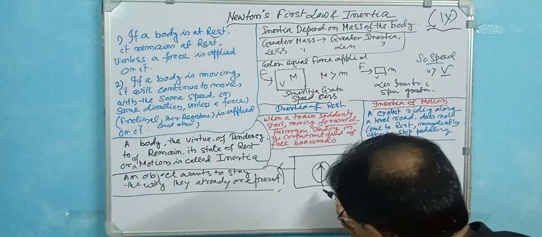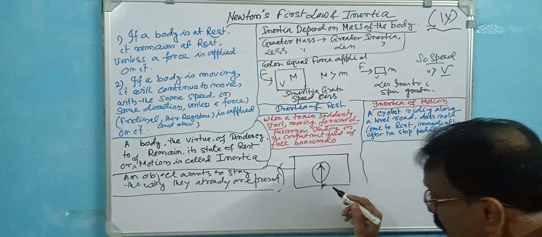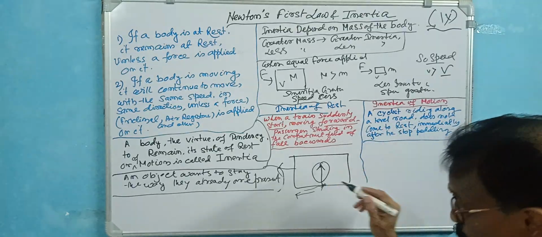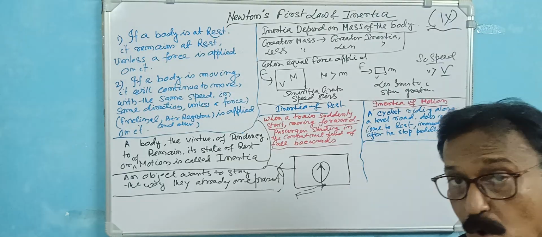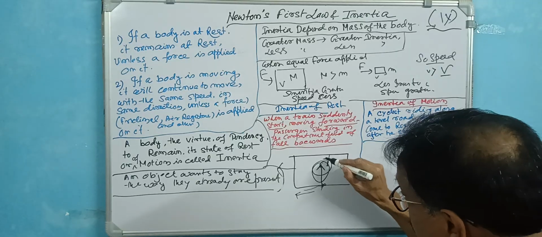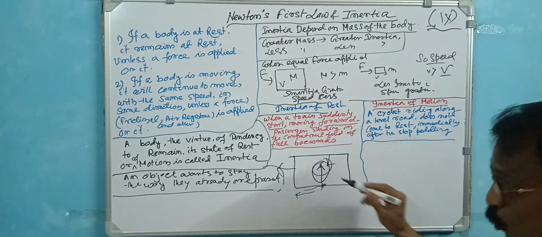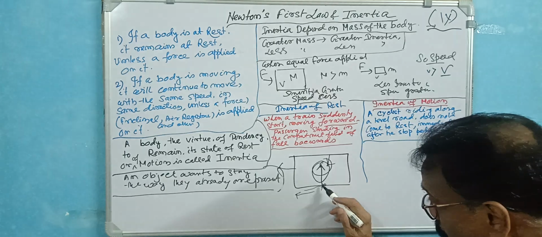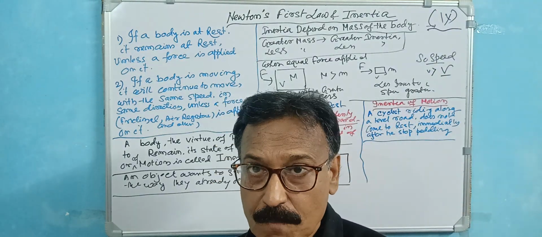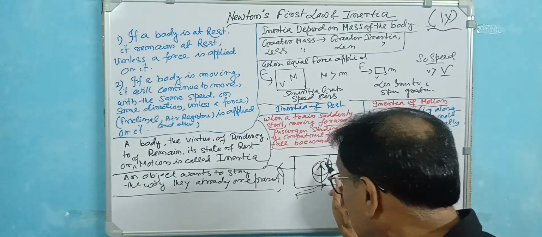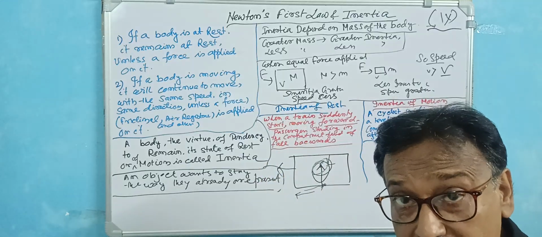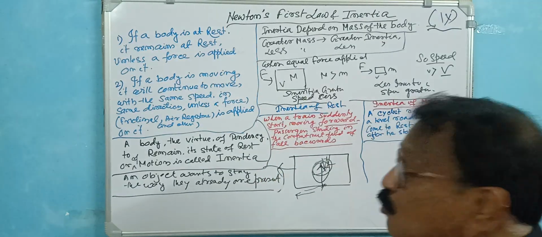Now this floor is moving forward, and the man is standing on it. The lower part of the man starts to move, but the upper part is not ready, so it stays in the rest condition. দুটো একসাথে মুভ করছে না, because the lower part touches the floor, so the lower part of the human being starts to move because it touches the ground, but the upper part is in the rest condition due to inertia.